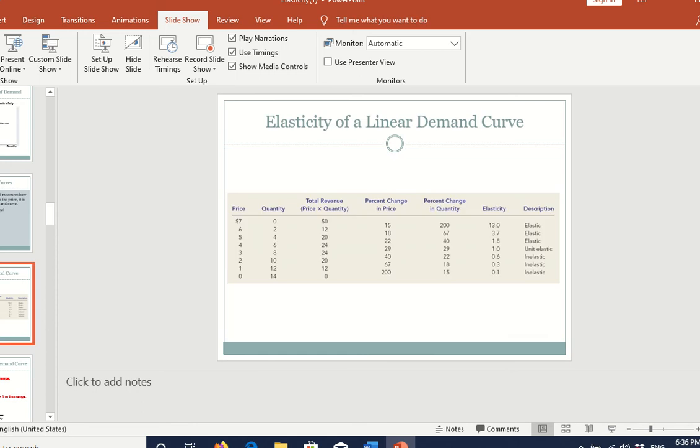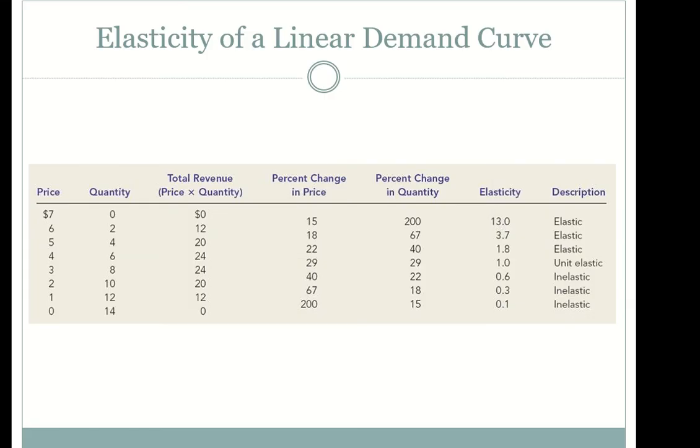Just to show you an example. Once again, I don't want you to pay too much attention to the calculation at this point. In this case, we are given the demand curve, so the price and the corresponding quantity demanded.